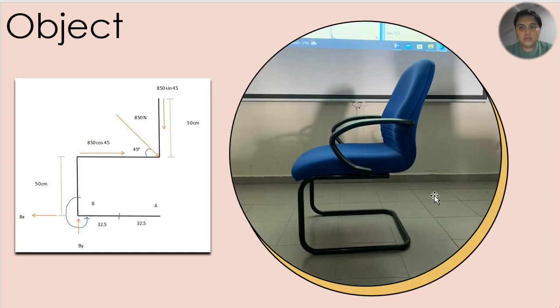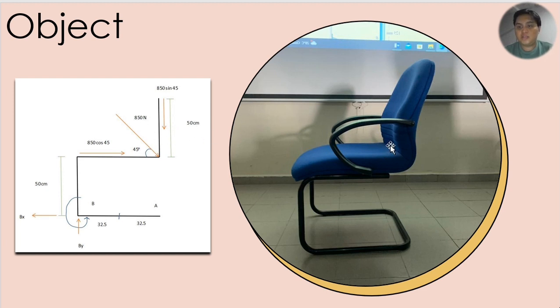So this topic is about internal force and stresses on this chair. So this will be our model here. This will be our not an FBD, a simplified version of it. So these are all the data.